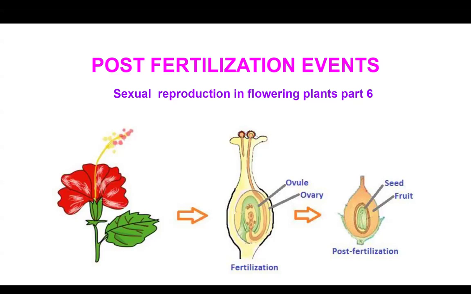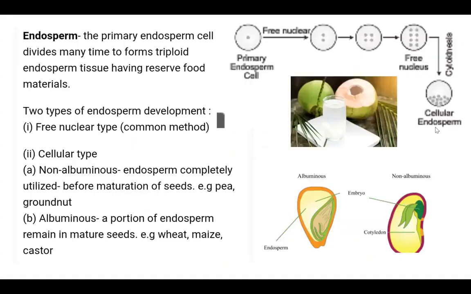Once fertilization occurs, it should be clear to us that the ovary forms the fruit, the ovules form the seeds, and the integuments form the seed coat. Now going ahead, what happens? We already talked about double fertilization.